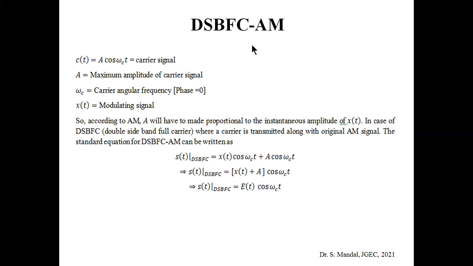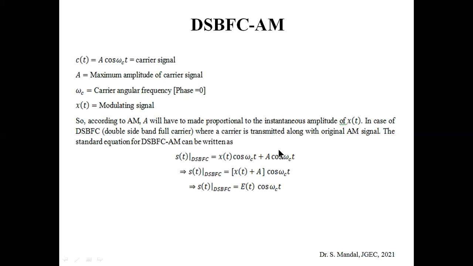Okay, however, in case of DSBFC, as the name suggests, full carrier, that means double sideband full carrier, here a carrier term is also present or transmitted along with the original AM signal. That means the equation for the DSBFC AM can be written as x(t) cos ω_c t plus A cos ω_c t.